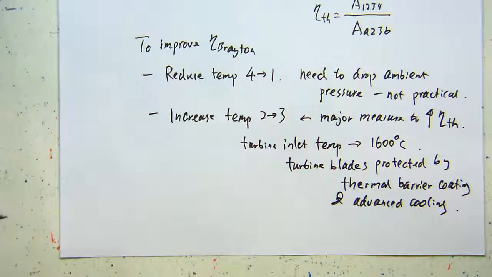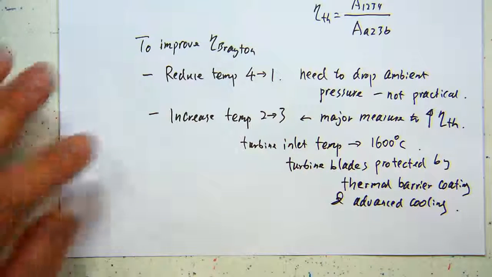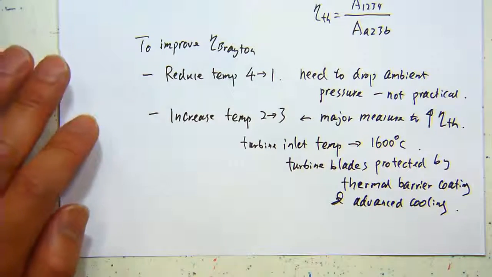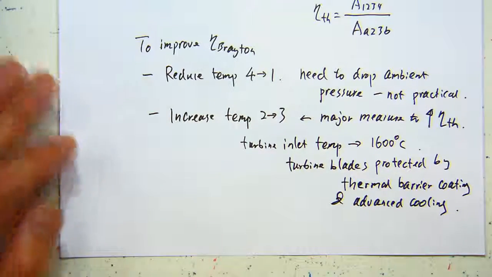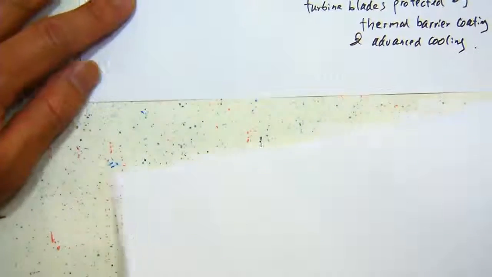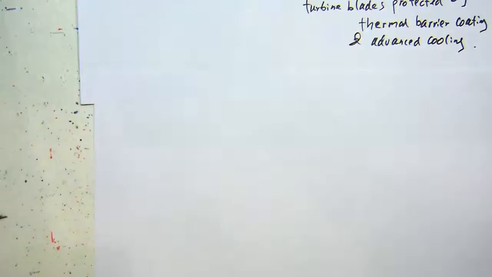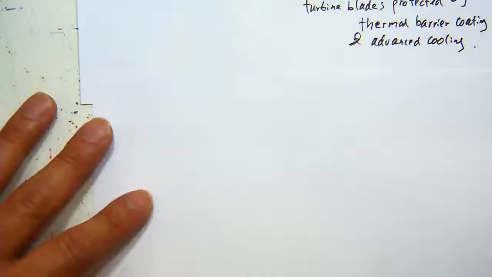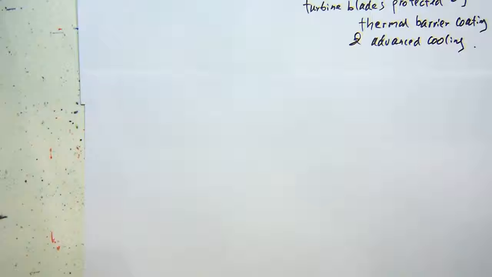And there are several other ways we can also increase the Brayton cycle efficiency. But given the turbine inlet temperature has nearly reached the limit, for our further discussion we need to consider that there is a threshold being put on the T3.